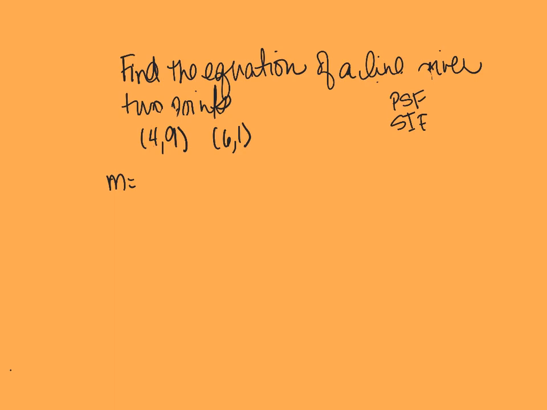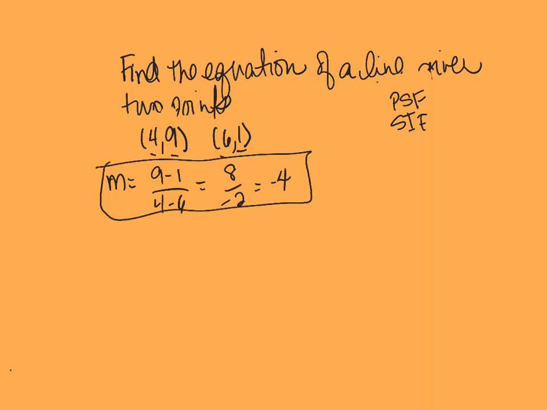So let's go ahead and find the slope, and we are going to subtract 9 minus 1, and that's going to be our change in y's, and then 4 minus 6, and that'll be our change in x. So 9 minus 1 is 8, 4 minus 6 is -2, so our slope is going to be a -4. So we will keep that in our mind.